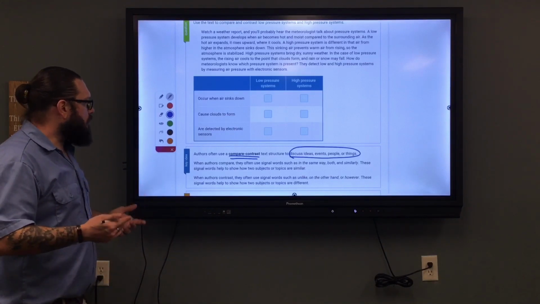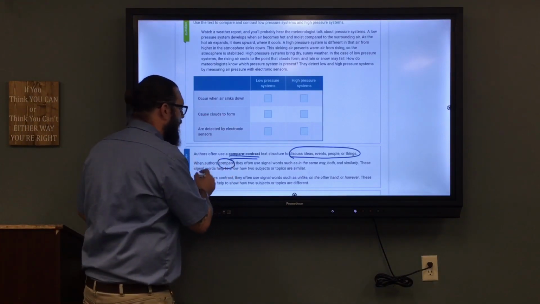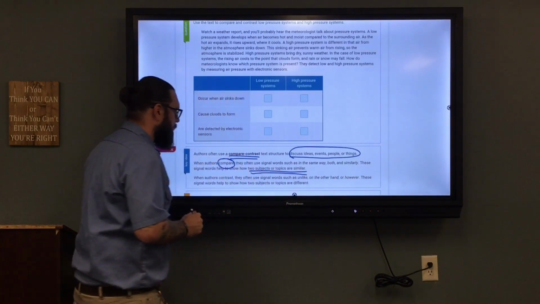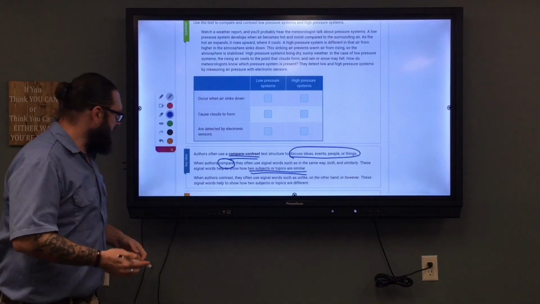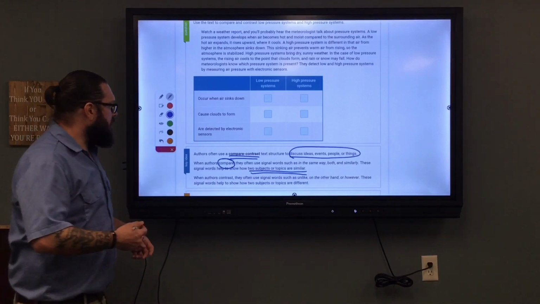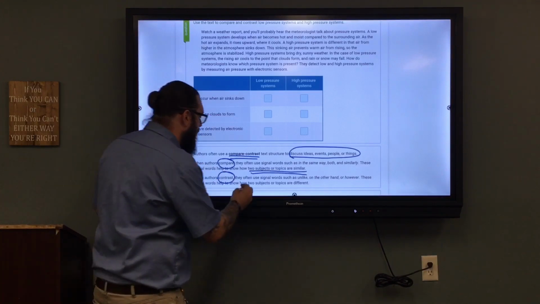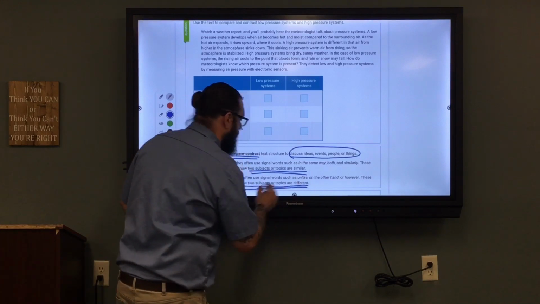When authors compare, what they are doing is showing how two subjects or topics are similar. So in comparison, we are looking for similarities. When authors contrast, they are outlining how two subjects or topics are different.